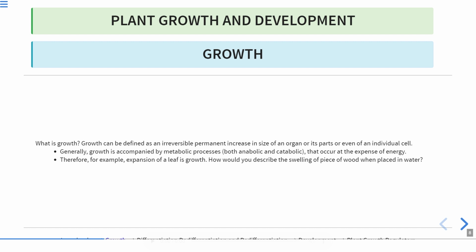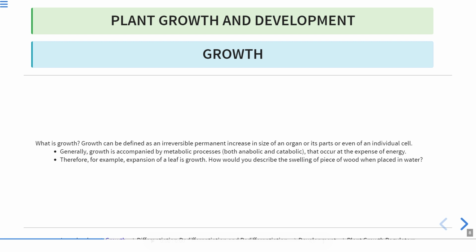But when you take that wood out of the water, after some days you see that it comes back to its original size. Sometimes it happens with wooden doors, which open and close very easily. But what happens in the rainy season? Some of the doors absorb water from the outer atmosphere and swell up. Even sometimes rain water gets on the door, and at that time they absorb the water and swell up.